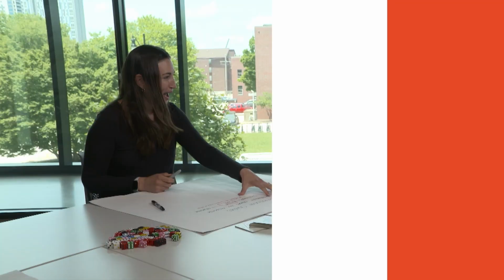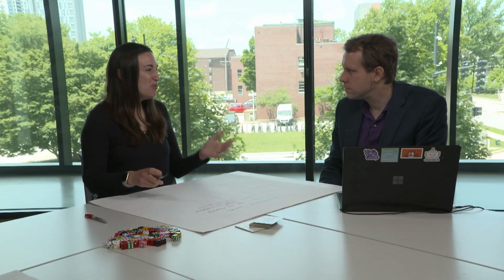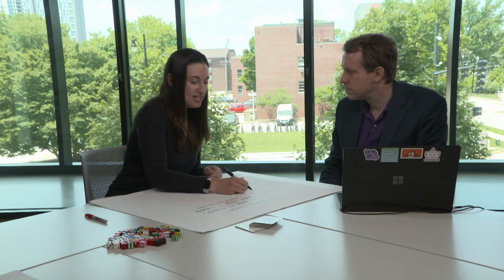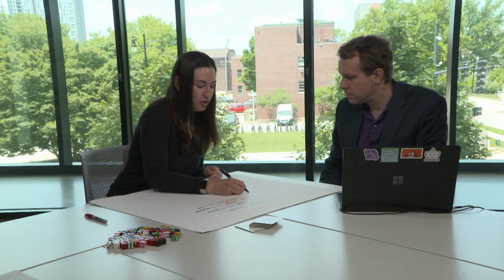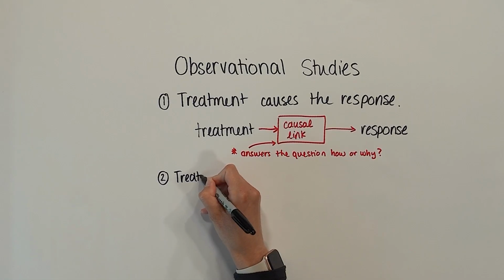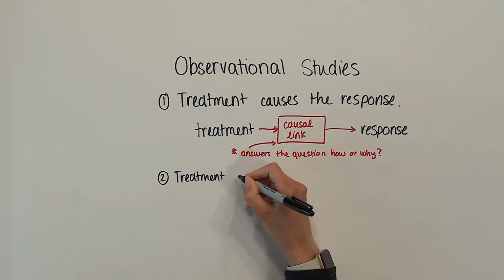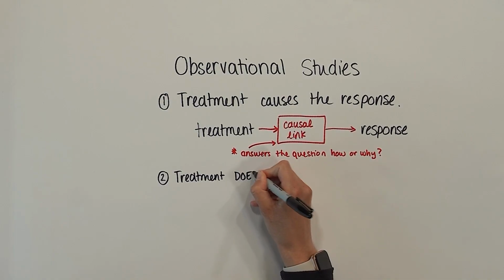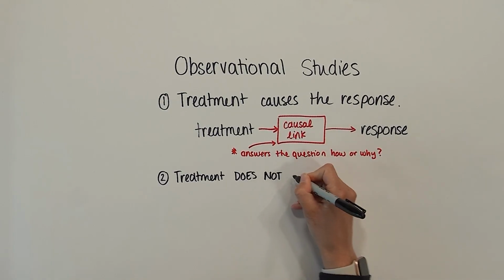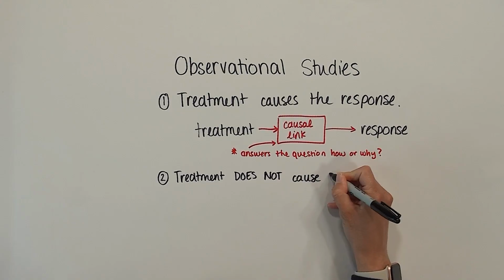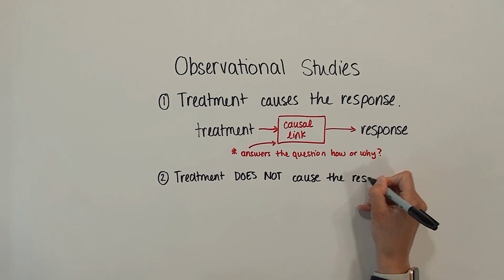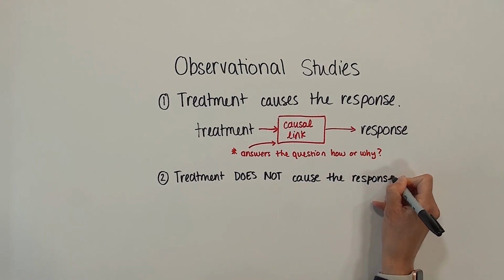So this could happen, option number one, but what more likely happens in observational studies is option number two, that our treatment does not cause the response, that our treatment is just associated with the response. What happens is that there are these things called confounders.